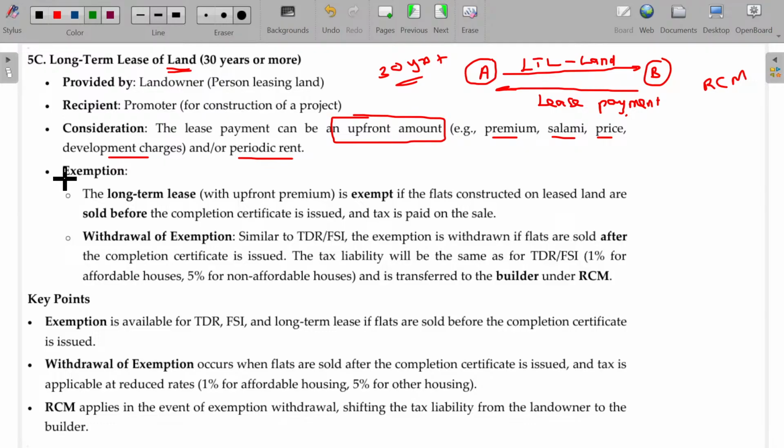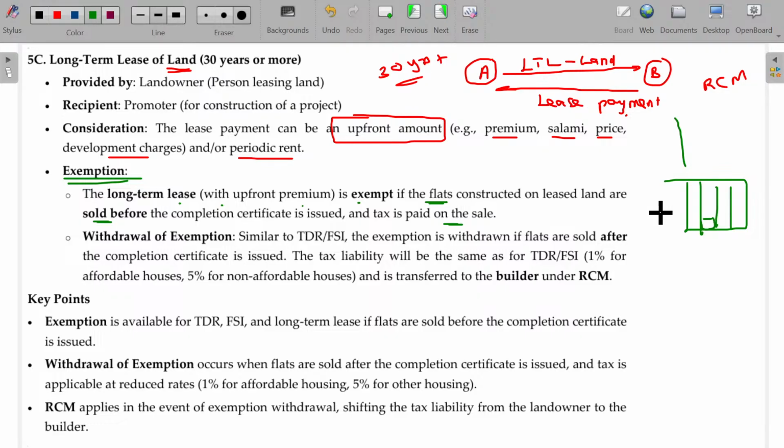Exemptions. Long-term lease with upfront premium is exempt if the flats constructed on the leased land are sold before the completion certificate is issued and the tax is paid on the sale. Okay. So if the land is leased to B, in that land, what does he do? If he transfers the flats after getting the completion certificate, GST is not applicable.